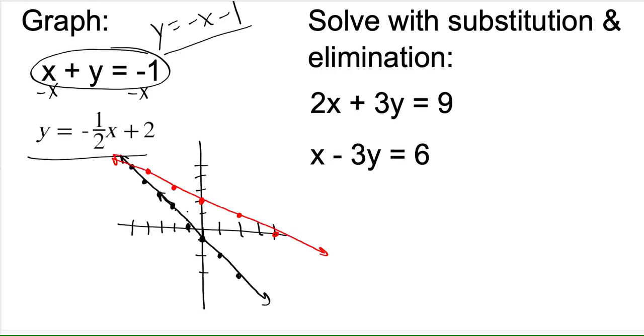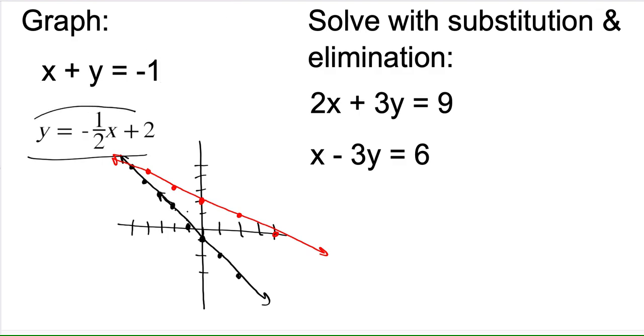All right, so just in case you run into this in the future, I'm going to show you how to double check your graphing algebraically. So we're going to take this one and rearrange it to standard form. That means we have to move this over to the left, which makes it a positive 1/2 x.